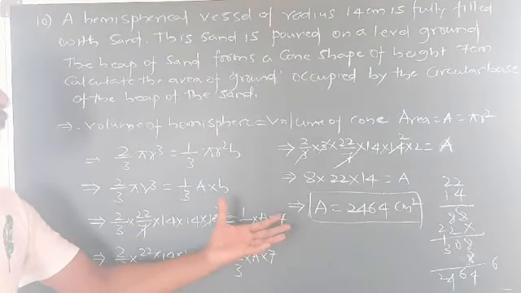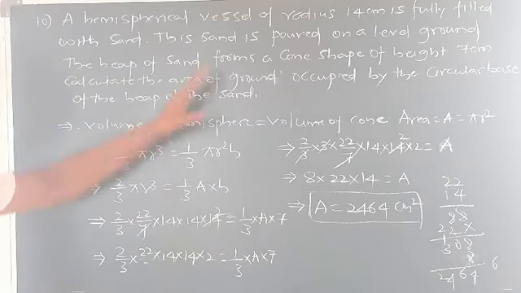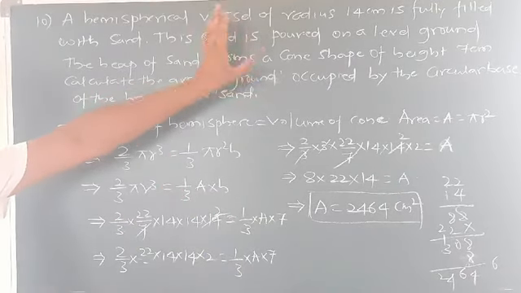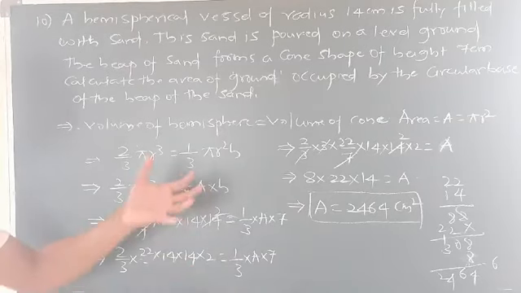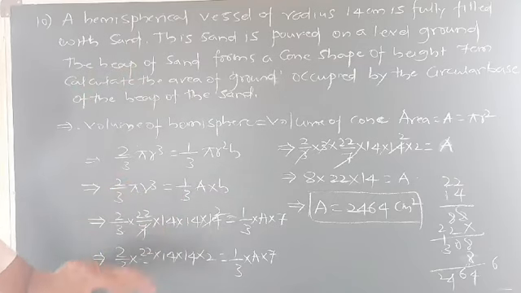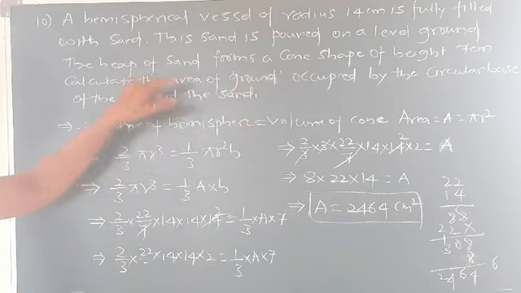So this question I hope you understood very well. A spherical vessel of a given radius is fully filled with sand, and it is poured on a level ground. Poured means it is just dumped there on the level ground.